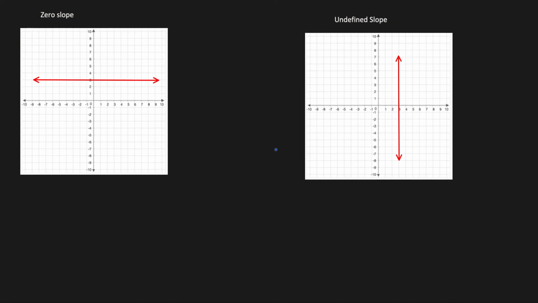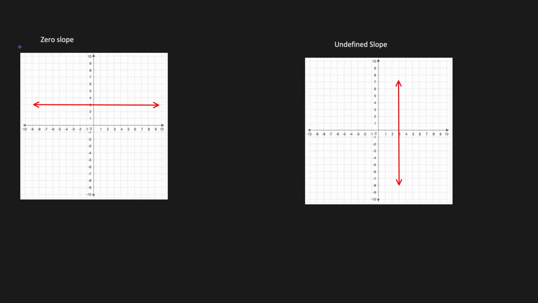The other two kinds of slope are called zero slope, where we have a flat line, which is parallel to the x-axis. So this is x and this is y. And you can see that this line, which is flat and parallel to the x-axis, has a zero slope. Why? Because this line neither rises nor falls.